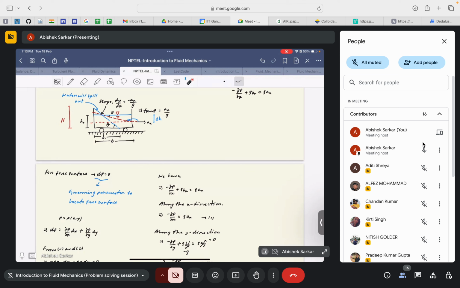He says that the approximation we have to take is that there are no shear forces on the fluid element, which is actually not true, because in this geometry there will always be some shear stresses acting on the fluid.